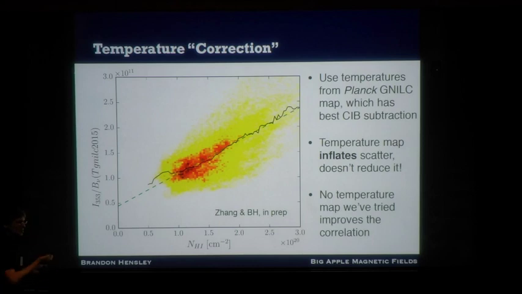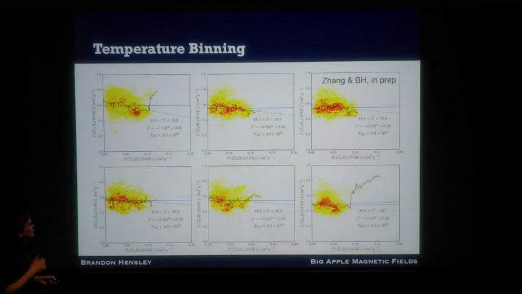And so without being able to do a great dust temperature correction, there's only so much we can do to find our correlation in magnetic fields. One thing we've tried is just binning the data into different dust temperatures, with the idea that if it has the same dust temperature, then it has a similar looking SED, so it might have the same true dust temperature.